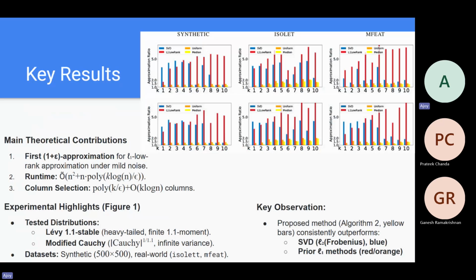So we can see the approximation ratio is higher in SVD and L1 low rank in the synthetic data, and also in the other data as well. So the approximation ratio is higher.